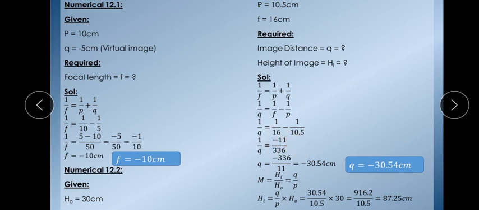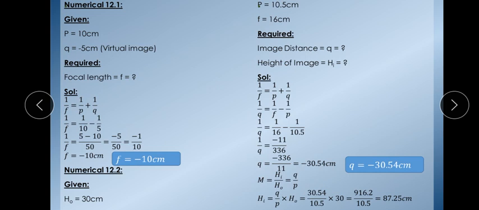Instead of taking LCM, we will take just the common factor, so it will be easier for all of you to solve these values. So it will become minus 11 by 336. Then we have to take the reciprocal on both sides, as we have to calculate q instead of 1 over q. So q will become minus 336 divided by 11, so the answer will be minus 30.54 centimeter, where minus is representing it as virtual.